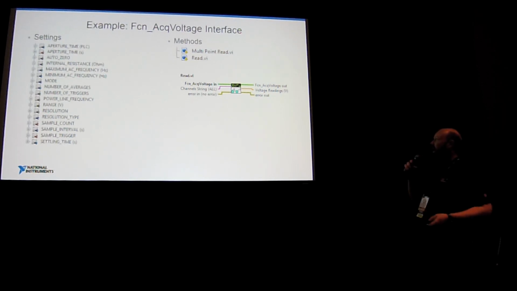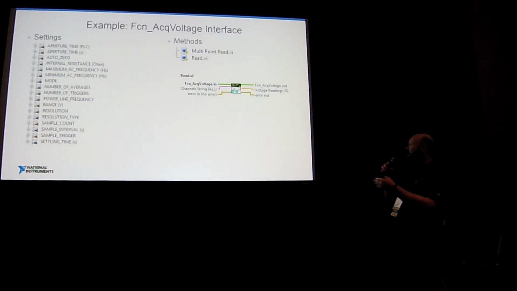This is what an acquire voltage interface would look like. When you're writing your test code, which Ryan will talk about in a little bit, you would just be looking at this VI right here, and it would just give you your voltage. So in the 5 volt example, it would just give you 5 volts. And you can see over here that we have a number of different settings. This is just an example of what it would look like.